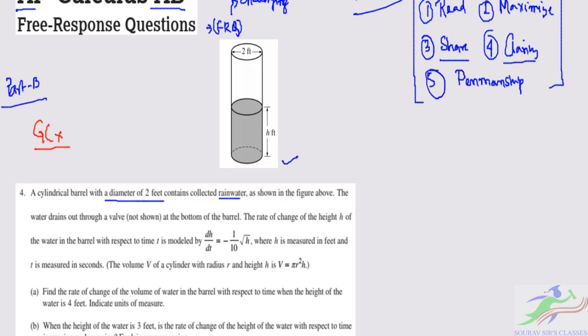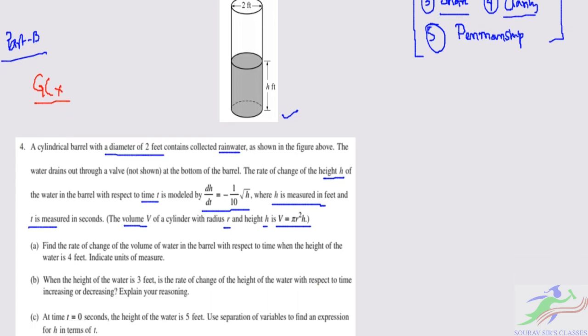The rate of change of the height h of the water in the barrel with respect to the time t is modeled by dh/dt = -(1/10)√h, where h is measured in feet and t is measured in seconds. The volume V of a cylinder with radius r and height h is V = πr²h. Let's see the first question.